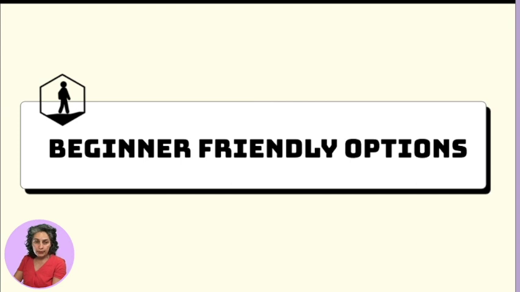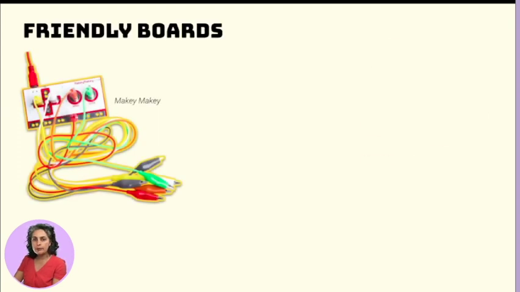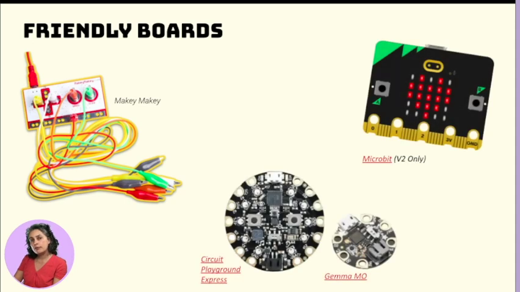There are some beginner-friendly options on how you can create this interface with a computer. There are some friendly boards like the Makey Makey, the micro:bit, which in Version 2 now has a lovely Bluetooth extension made by Bill Seaver, and also Adafruit boards like the Circuit Playground Express and the Gemma M0.